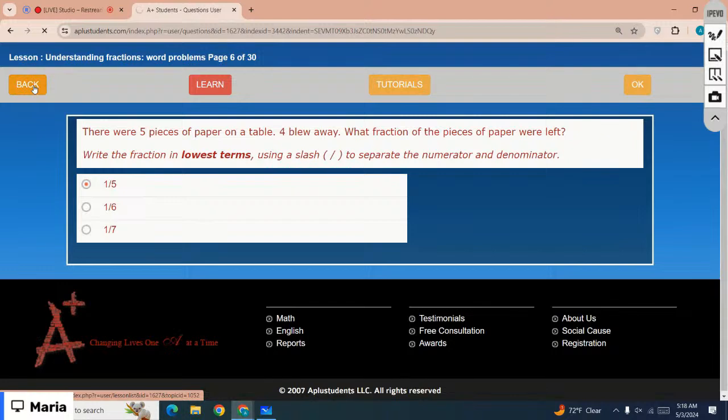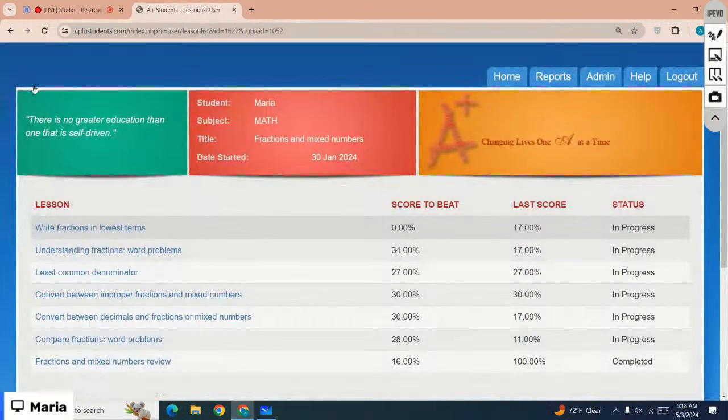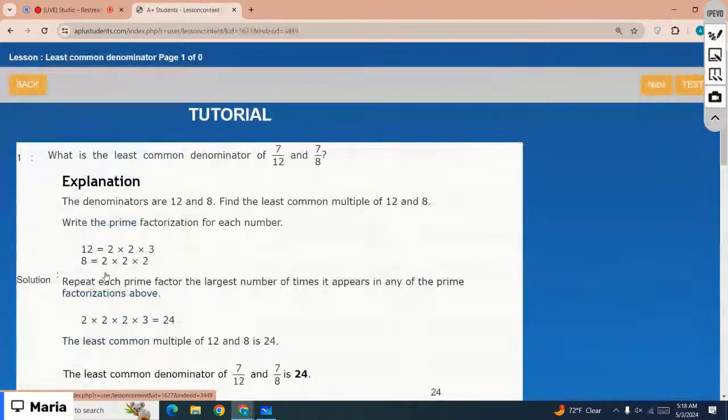Let me just move on to the next lesson. The next lesson is least common denominator, LCD, right? Let's just start with the next lesson. Okay, what is the least common denominator of 7 over 12 and 7 over 8?